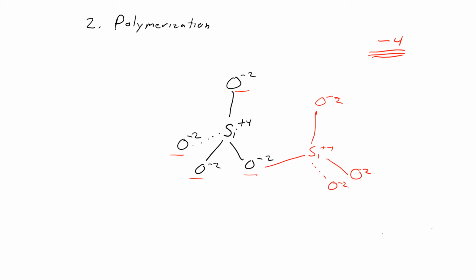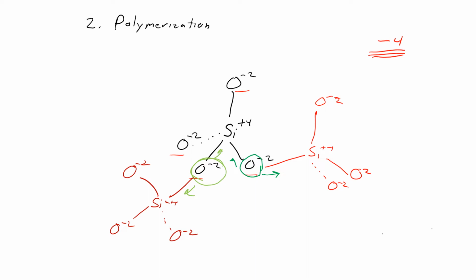So now this, I'm going to make it green, this corner oxygen is shared with 2 molecules, that molecule and this molecule. We can do that with this corner oxygen as well. It can be shared with a silicon that has a +4 charge, as well as another oxygen here, another oxygen here, and another oxygen here. So now this oxygen is being shared with 2 polymerized molecules.